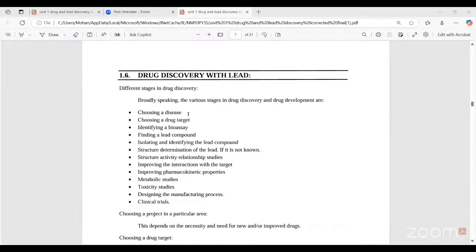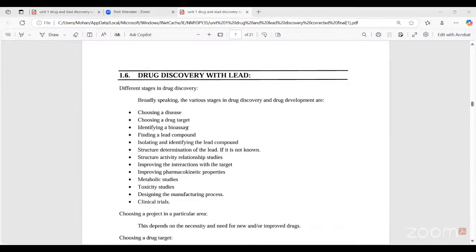When we are going to design, discover or invent a new drug molecule, first you have to choose a disease, and then choose a drug target. Then identify the bioassay, which is an extensive study of the target.